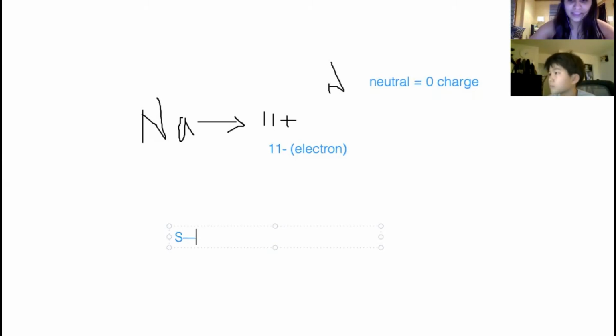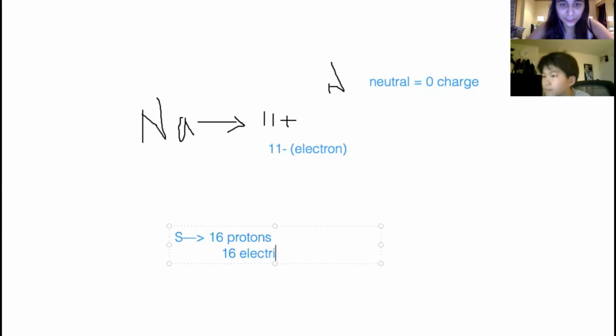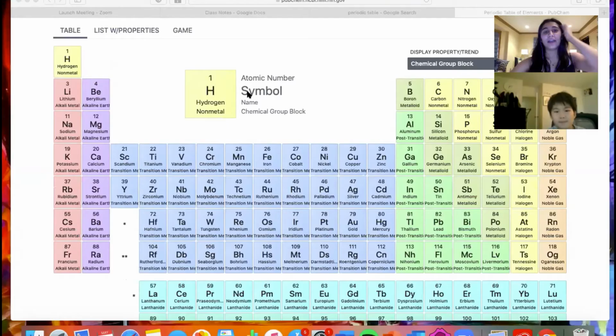Neutral sulfur, there's no charge. It's not an anion. How many protons do I have? 16. Good. How many electrons do I have? 16. Good job. So you get the idea, right? Good. Okay. So just remember that because that's kind of important.